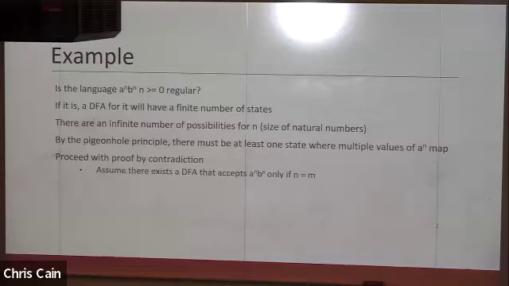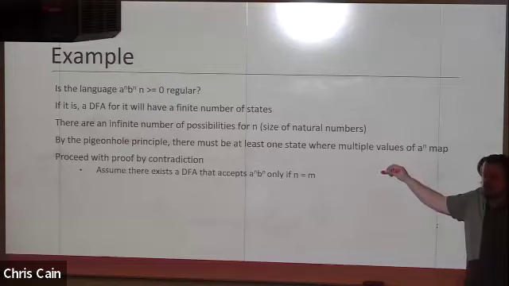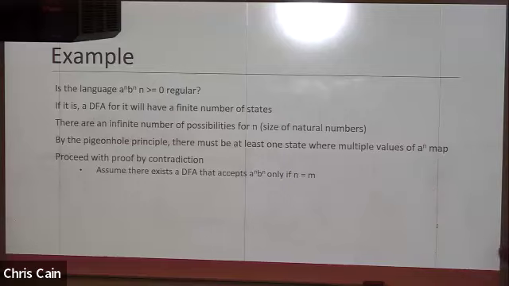So you would assume that a DFA exists that accepts a to the n, b to the n, only if n equals m, where m here is the number of states in the DFA. We're going to start variabilizing the number of states in the DFA because no DFA exists for this. But in a proof by contradiction, we're going to say, assume a DFA does exist and that DFA has m states.